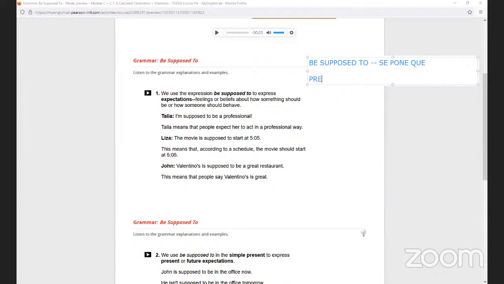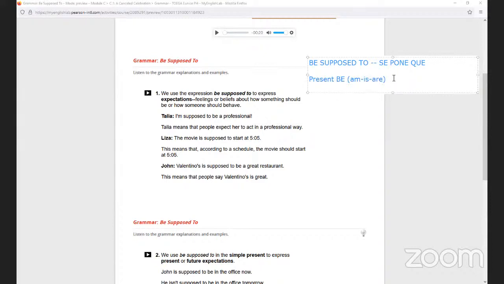When we talk about present, okay, we are talking about this. In present, we use the verb to be, but the verb to be am, is, are, okay? Am, is, are. So we have this verb to be.